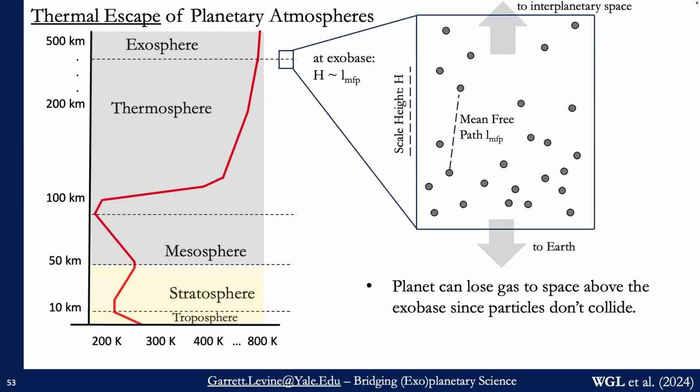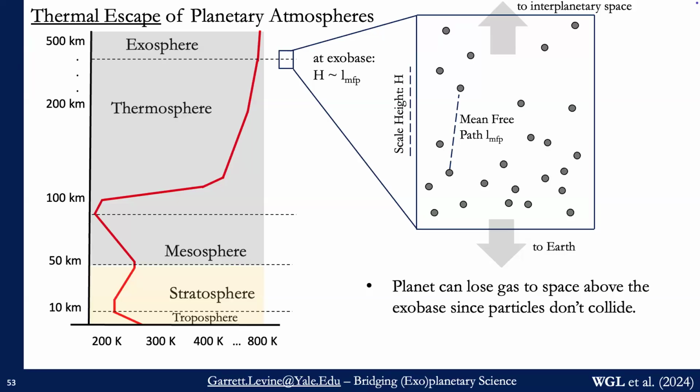Just to give us some physical intuition for what's going on here, let's consider a box of gas particles at the exobase. On Earth, this is the transition between the thermosphere and the exosphere. This height is defined by where the scale height of the atmosphere is approximately equal to the mean free path of the gas particles.